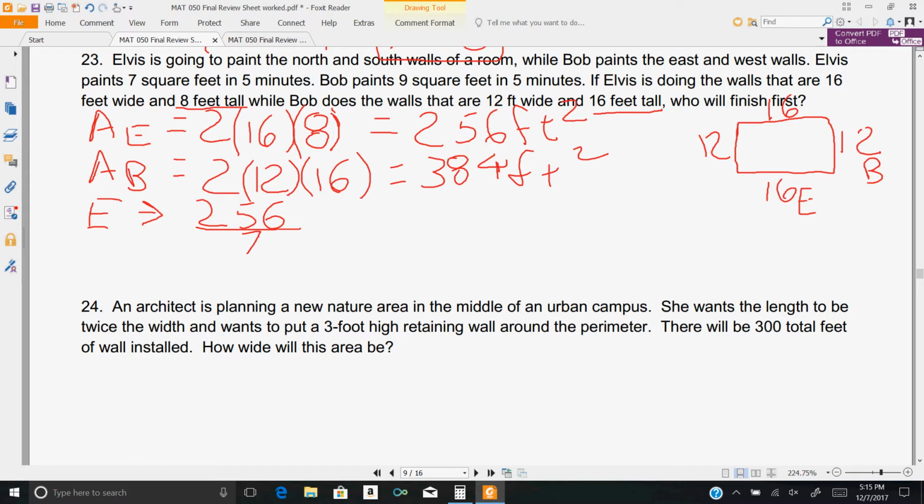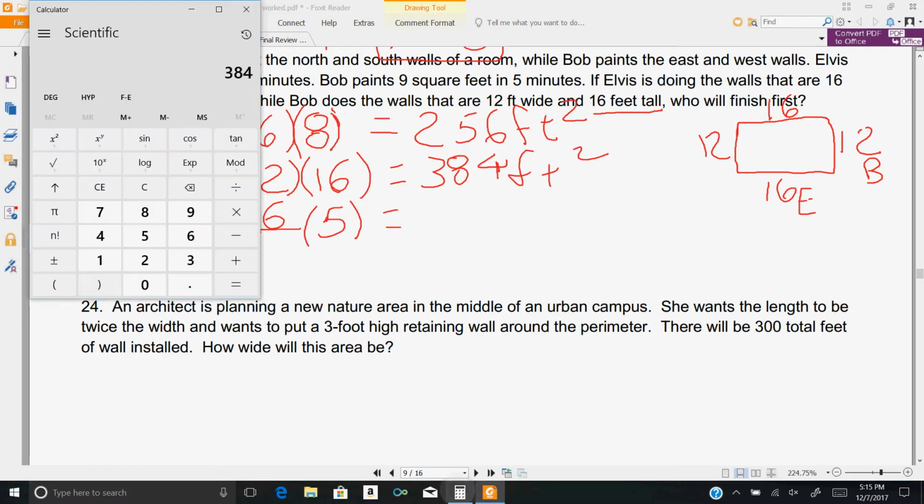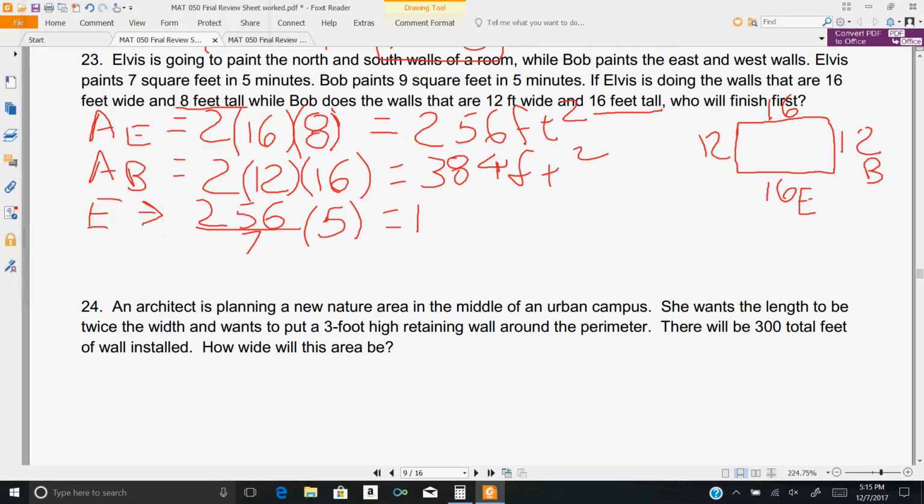And for every one of those 7 square feet, it's going to take 5 minutes. So I'm going to multiply by 5. So 256 divided by 7 times 5, 183 minutes.